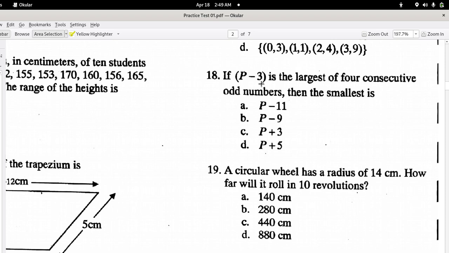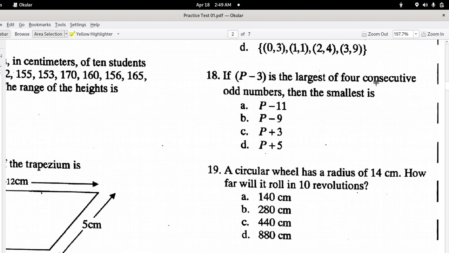Suppose the 4th one was 15. What would be the 3rd one, the one below that? Well, if you minus 1 from 15, you get an even number. So minus 1 again gives you the 3rd odd number, which is 13. So to move from one odd number to the next one below, you minus 2.